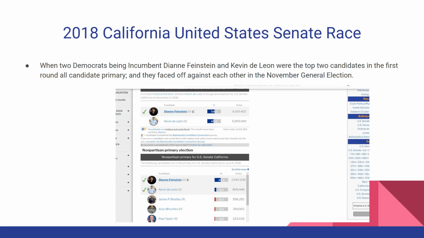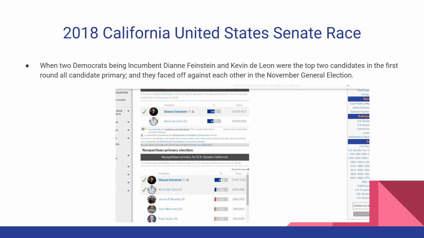And in the 2018 California United States Senate race, in the November general election, there was no Republican candidate facing off against a Democrat. And this is in part because of the effects of top 2 jungle or all-candidate primaries.